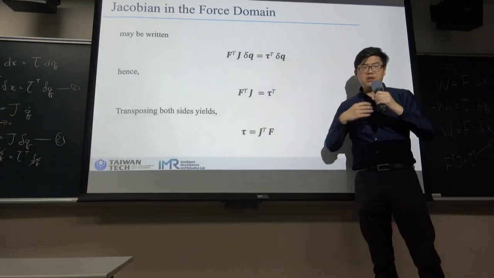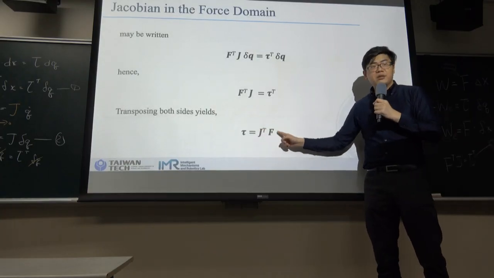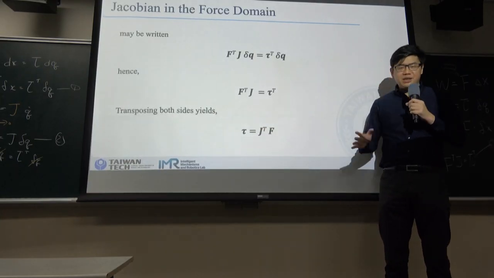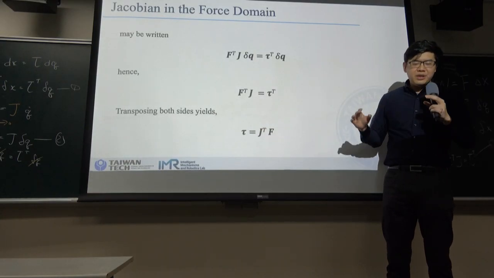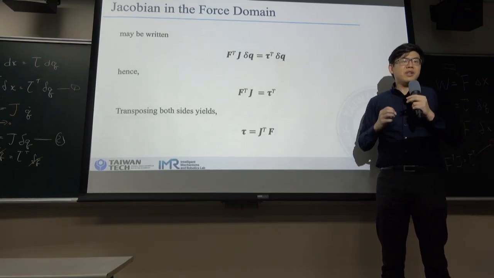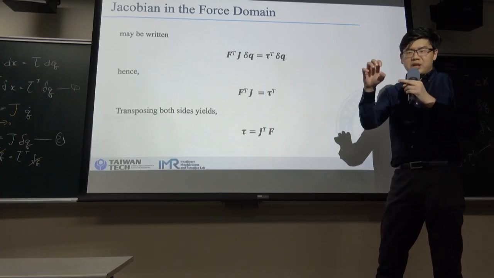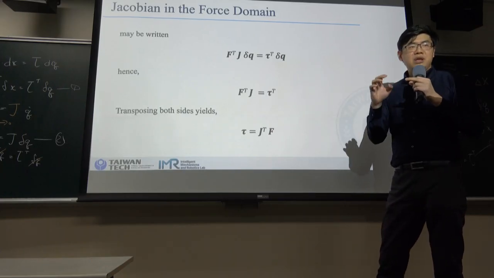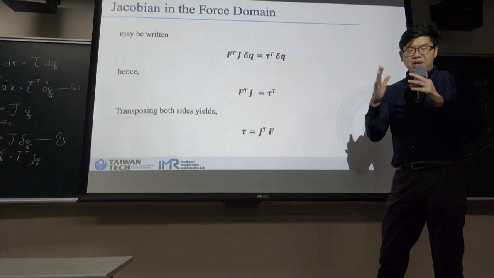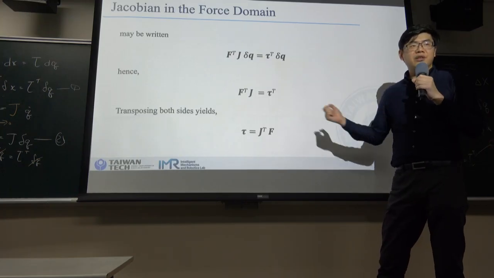How much torque each motor needs to apply to resist this external force. But the circumstance is this needs to be static. So the robot cannot be moving, because we assume that the displacement is extremely small. It should be nearly no displacement. So it's in a static condition.